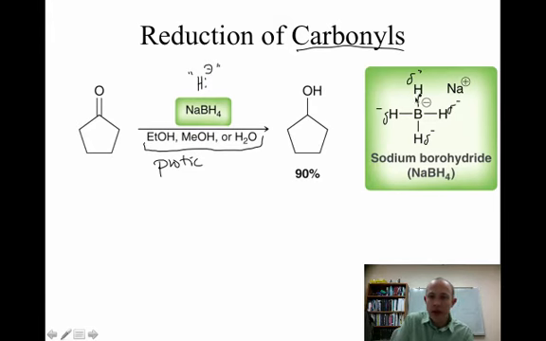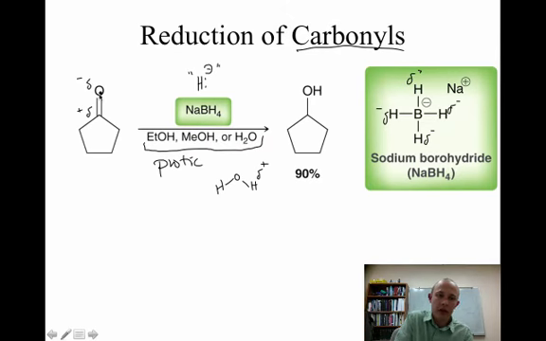So we have hydrogen as a nucleophile here that's going to be attacking this carbon, and then these hydrogens which are bonded to oxygen, so for example water, oxygen is more electronegative than hydrogen, so this hydrogen has a partial plus. So you have a partial negatively charged hydrogen which is going to attack the partially positively charged carbon.